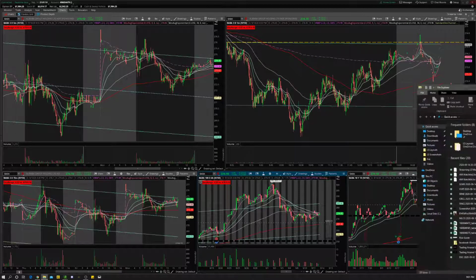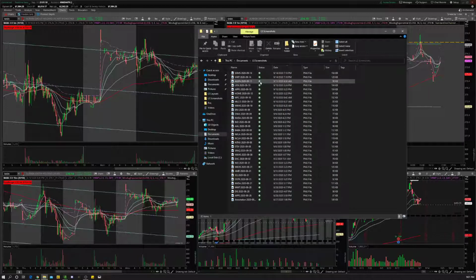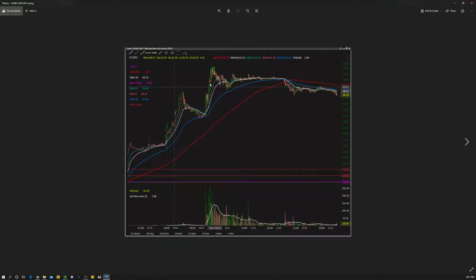I have all these screenshots of different trades. Like here's one here. This isn't a trade I'm proud of, but I got in here, exit.